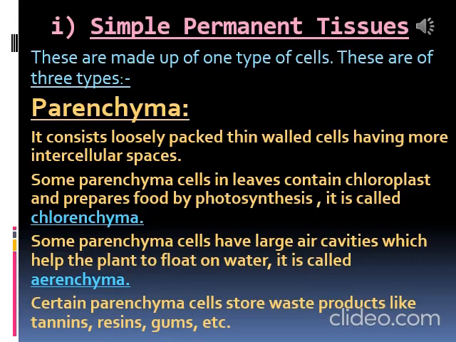As from the name it is very much clear. These are also of three types: parenchyma, collenchyma and sclerenchyma. First is parenchyma. It consists of loosely packed thin walled cells having more intercellular spaces.